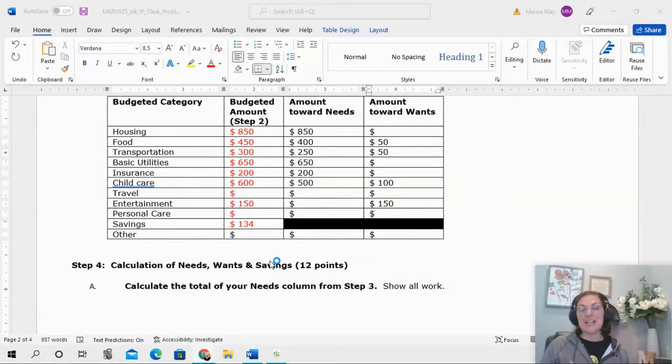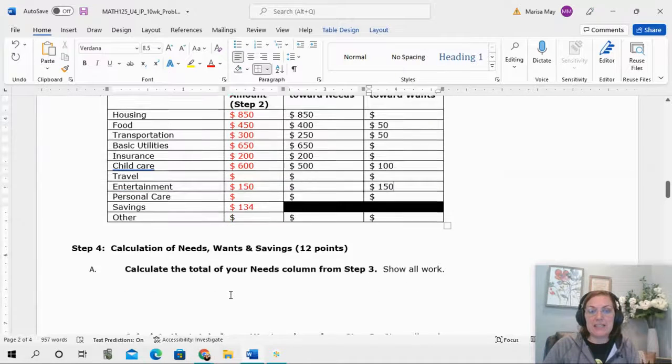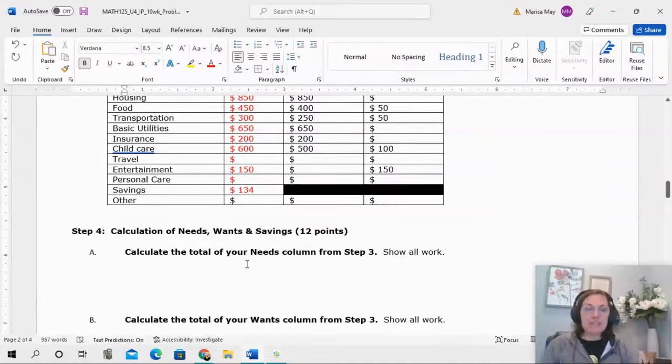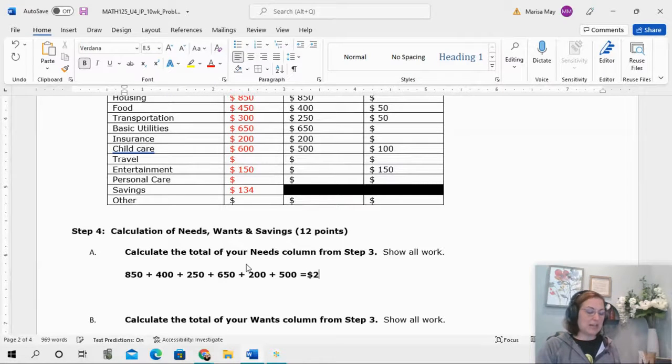So, as you can see, I have broken up each part of the budget into how much for the needs and how much for the wants. So, when we go to step 4, you'll want to go ahead and calculate the total of the needs here. For my particular case, I'm just going to type out the numbers that I'm actually adding together to get 2,850.